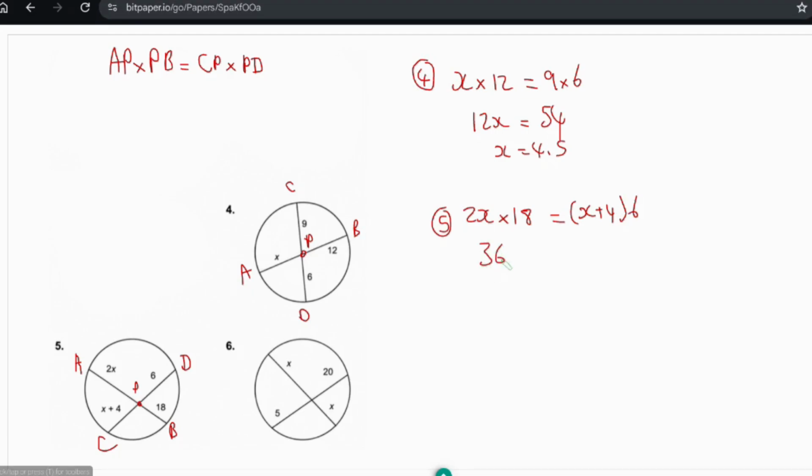So we'd have 36x is equal to 6 bracket x plus 4. Let's just expand the brackets here. Subtract 6x off both sides and divide both sides by 24 gives us x is equal to 1.25.